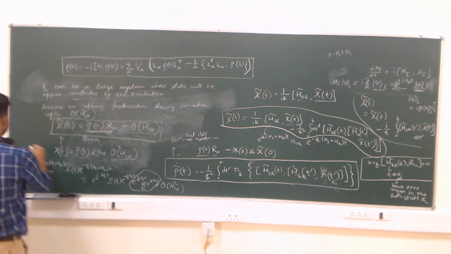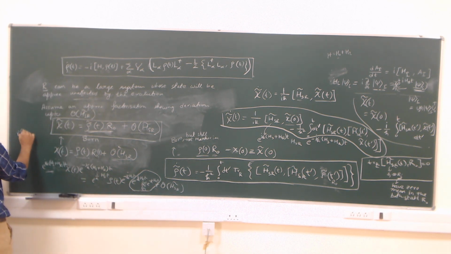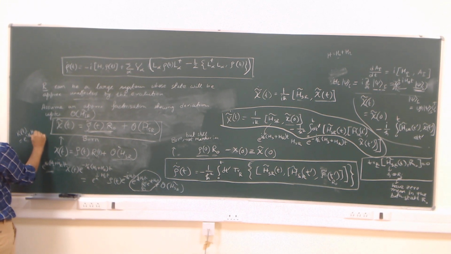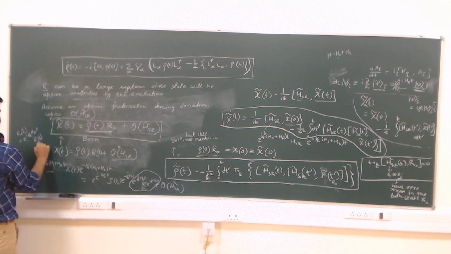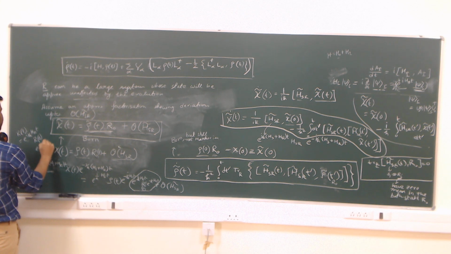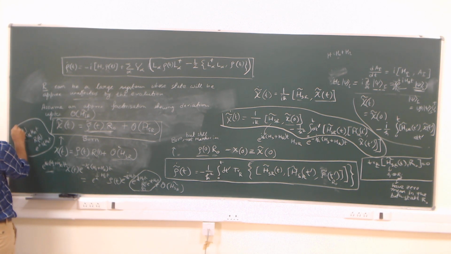We use the expression of RT as e to the power minus i over h HR t, acting on R0, which is basically saying that my RT, the bath, only has its own dynamics.